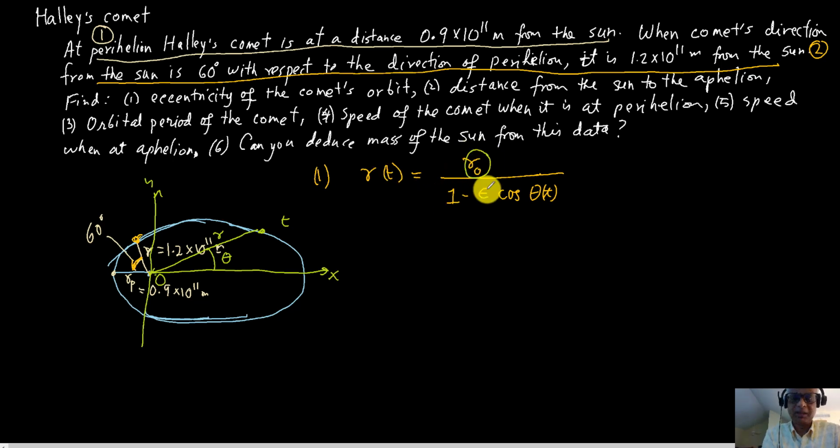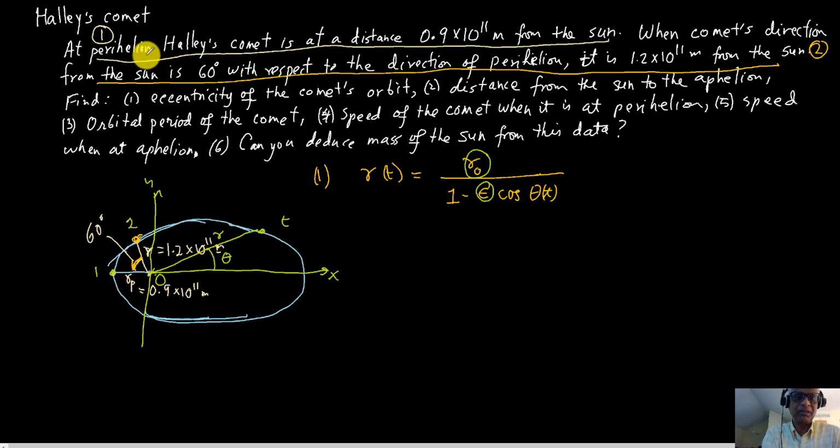And these guys are constants, so they're related to that in this equation. So we've been given two points. This is point 1, and this is point 2. In point 1, theta is pi and r is rp.